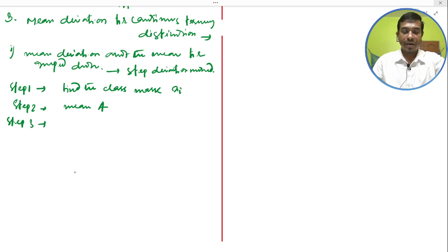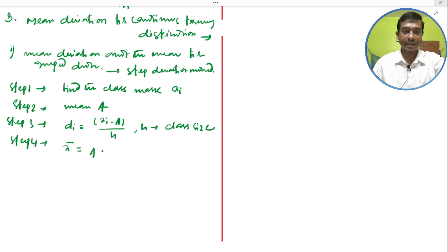Step 3: find the deviation di, which is xi minus A divided by h, where h is the class size. Step 4: calculate x bar, which equals A plus the summation of fi di divided by N, into h, where N is the summation over fi.